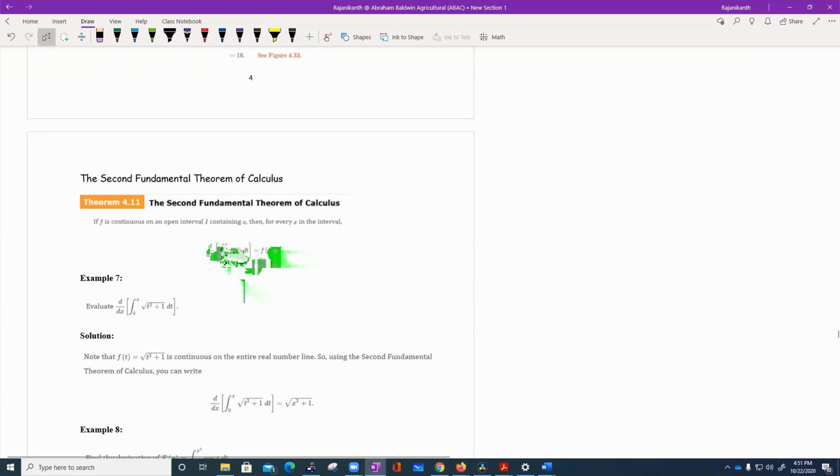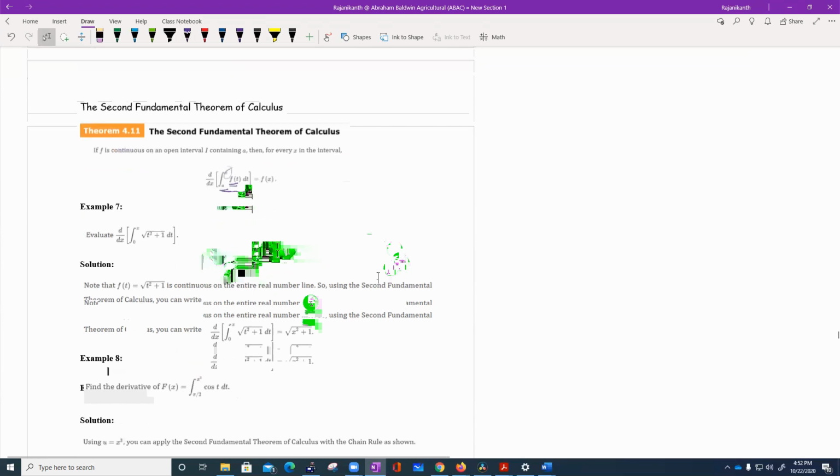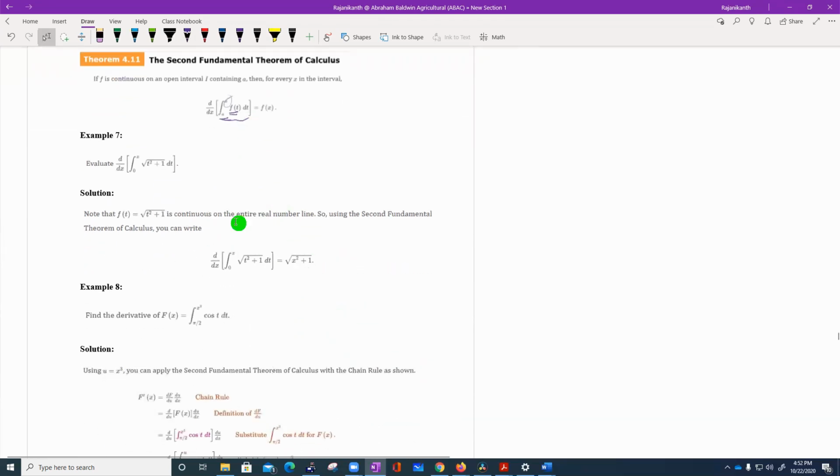Once you take the derivative of that answer, you should get back the inside function in terms of x. What do they mean? They mean simply if you see the constant value here and the variable there, the derivative of the integration is nothing but the inside function, with t simply replaced by x. Okay, so that's very easy.